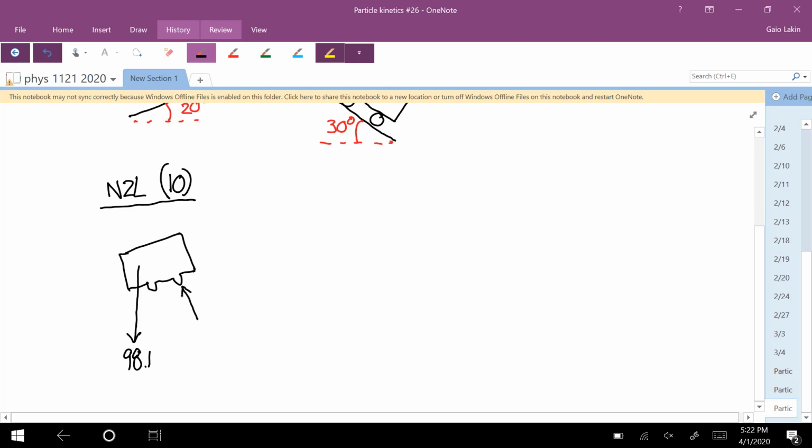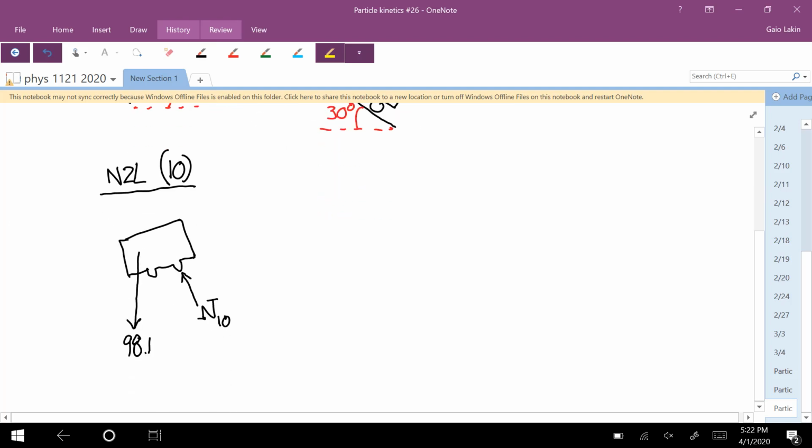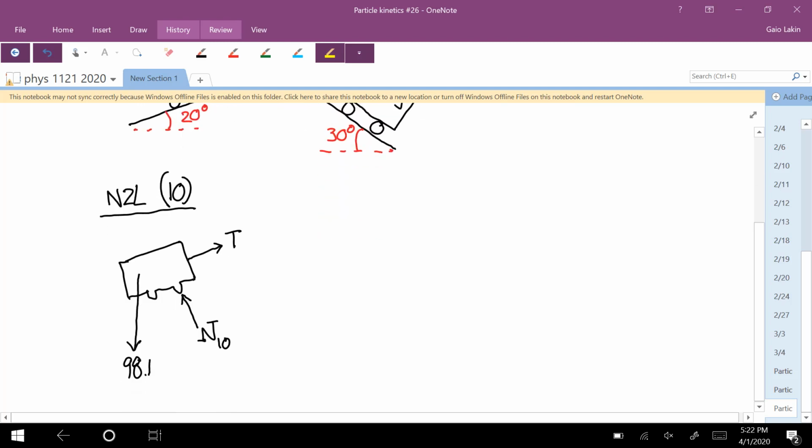There's a pushing force from the surface that I'll call N10. And then there's a cable force, I'll call that T.